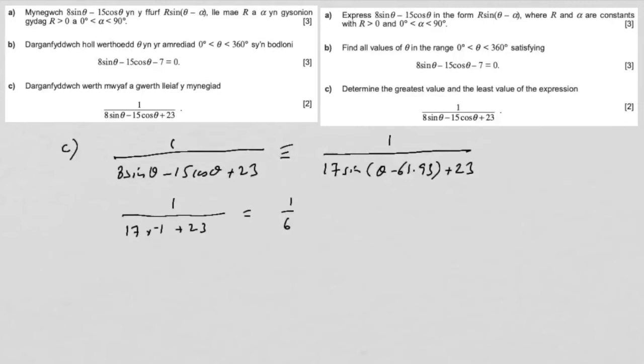And our minimum value will come from maximising the bottom. So that means taking the maximum value of sine, which is 1. So that gives us 1 over 17 times 1 plus 23, which gives us 1 over 40.